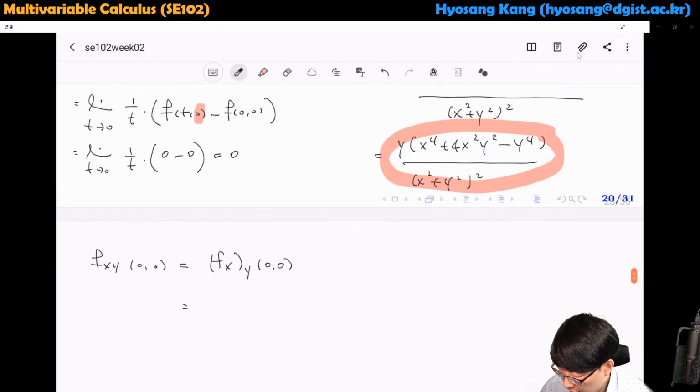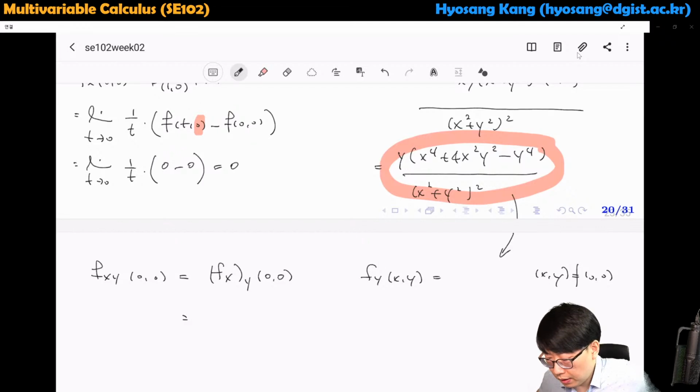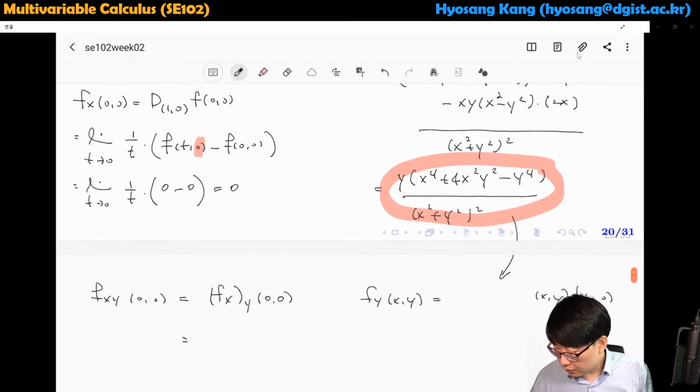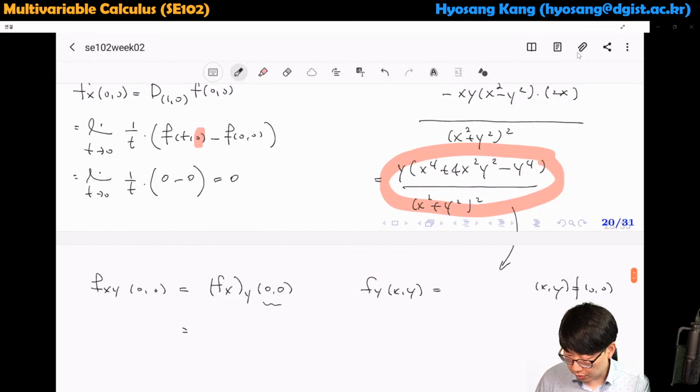First of all, I could find fxy when (x,y) is not equal to 0 by taking a partial derivative of this long formula, taking x as a constant and y as a single variable. But we really don't need that, because I just want the partial derivative at 0,0, so I can just find the directional derivative in the direction of (0, 1) of fx at 0,0.